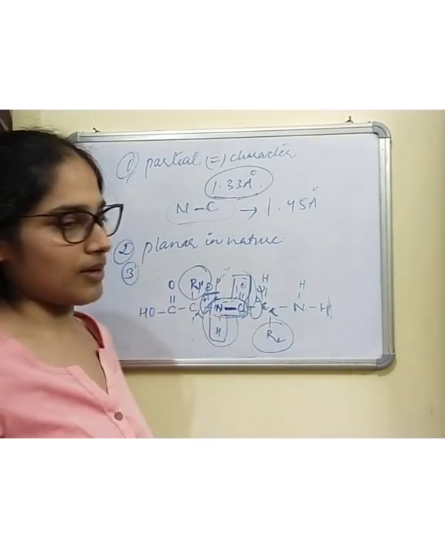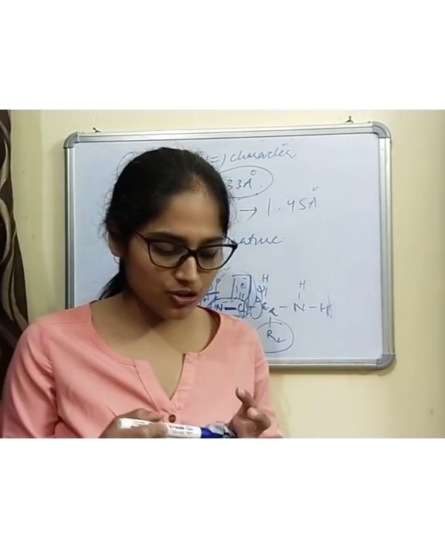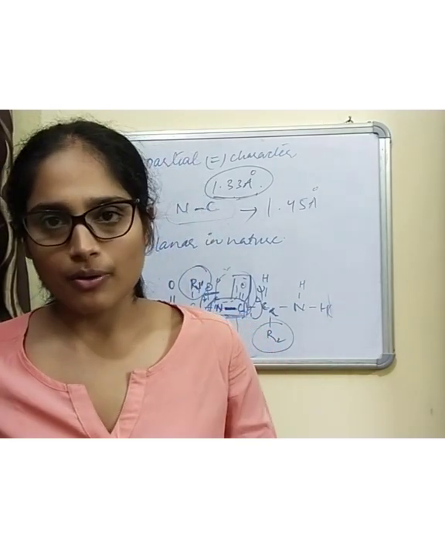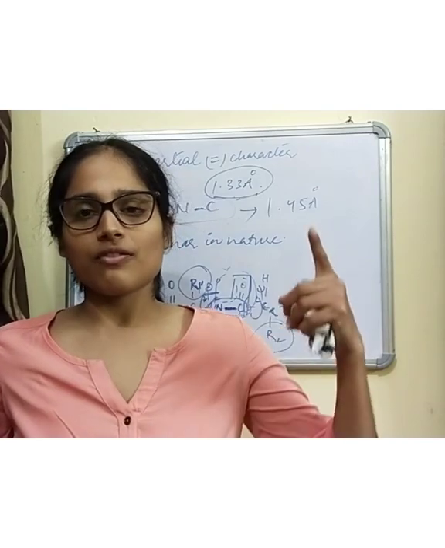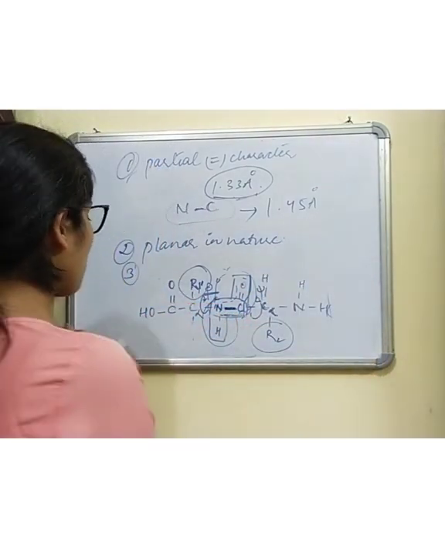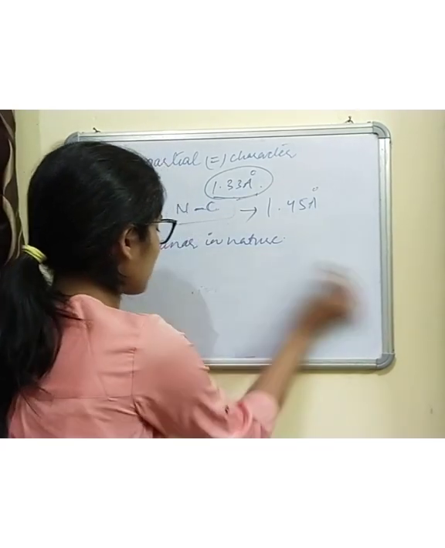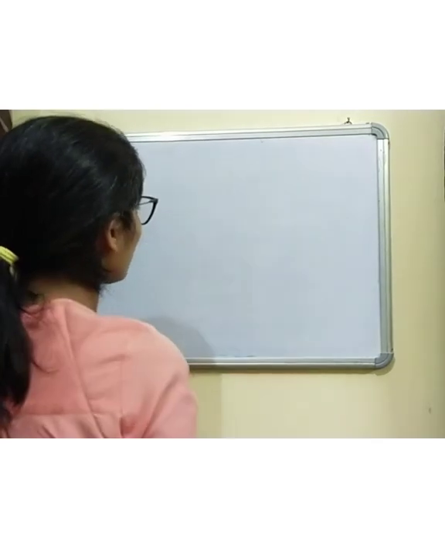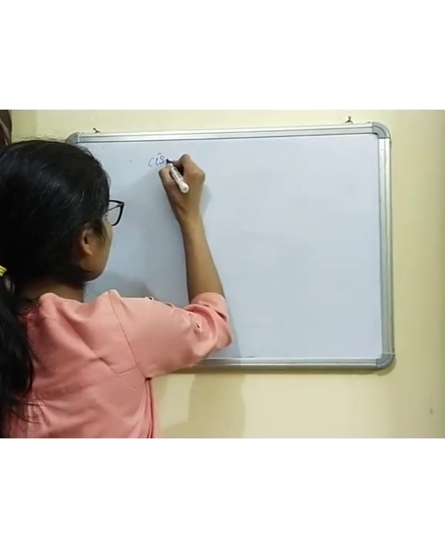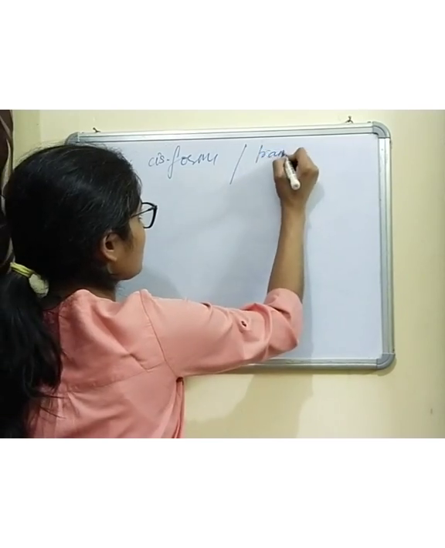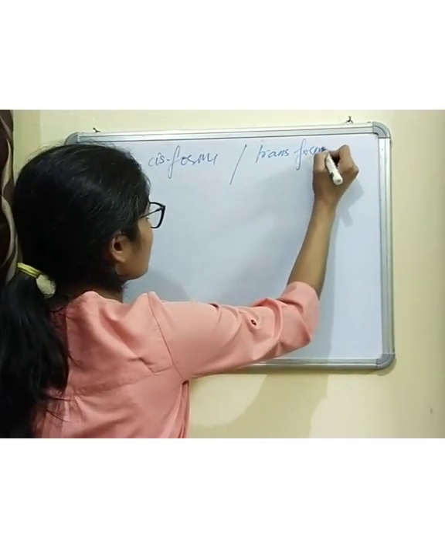The two neighboring amino acids which are forming a peptide bond, there the R group always occupies the trans position. So if you remember chemistry again, class 11th and 12th, there are two forms, cis form and trans form.